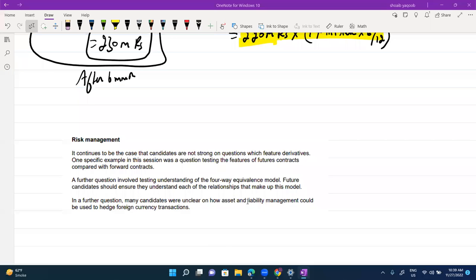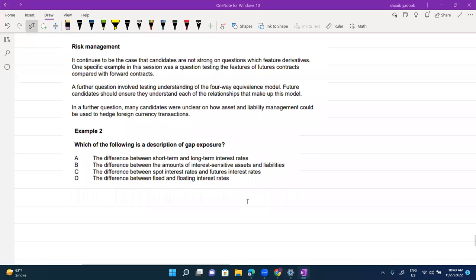What should be the answer, guys? Which of the following is a description of gap exposure? A: the difference between the short-term and long-term interest rate. B: the difference between the amount of interest-sensitive assets and liabilities. C: the difference between spot interest rate and future interest rate.